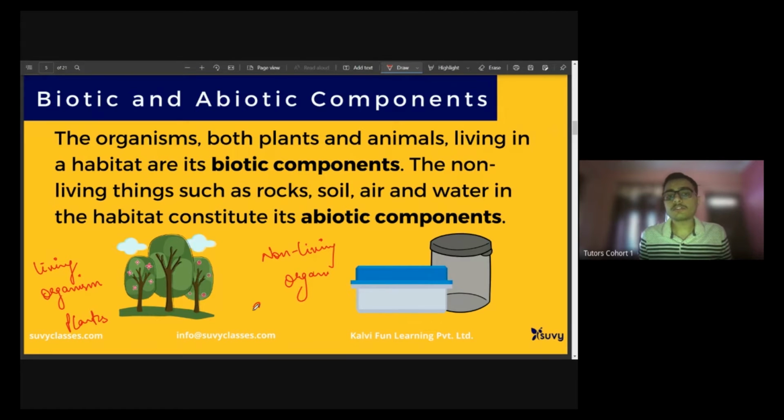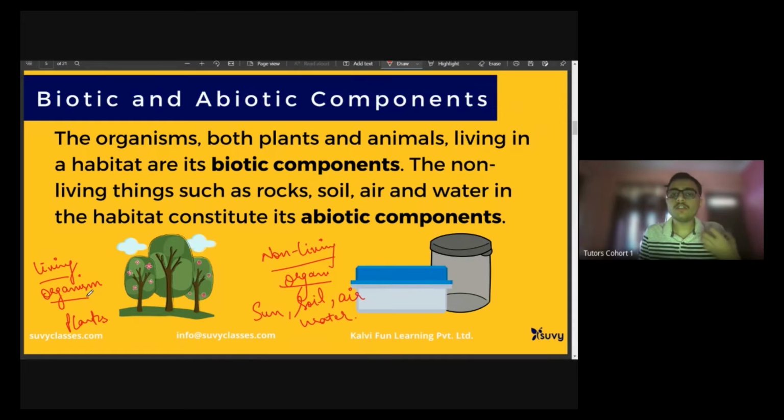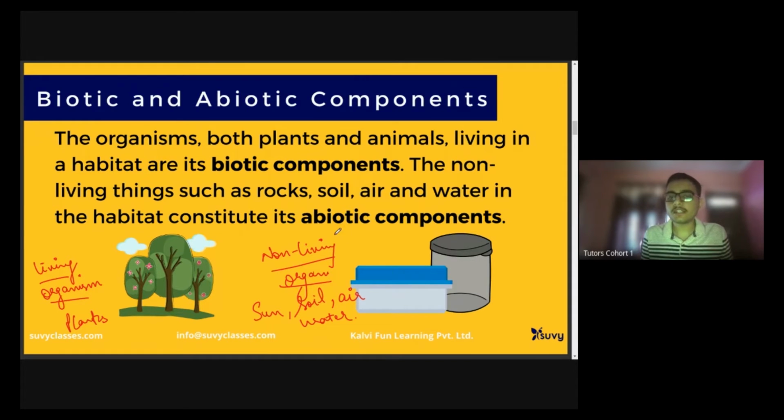Whereas sun, soil, air, and water are all non-living. But living and non-living are not scientific terms. We use scientific terms to represent these two categories. Living organisms are termed as the biotic component, and non-living organisms are termed as abiotic components.